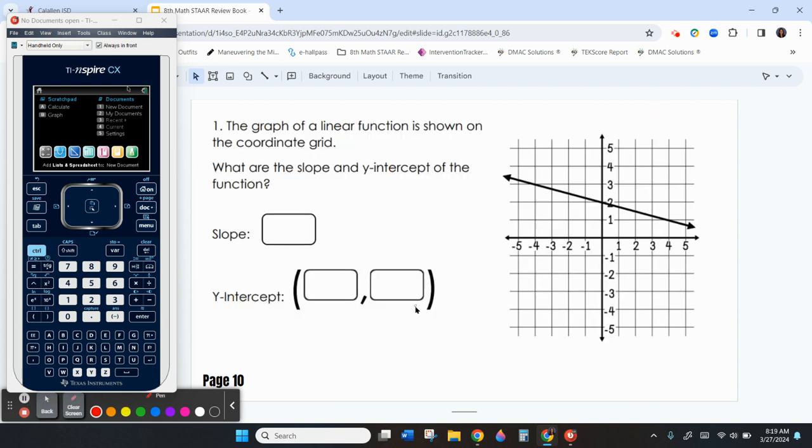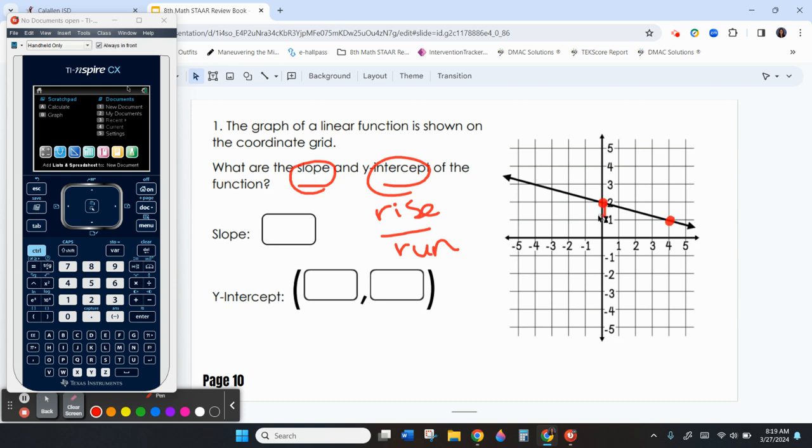All right, problem number 1. The graph of a linear function is shown on the coordinate grid. What are the slope and the y-intercept of the function? We talked about slope yesterday. Your slope is going to be your rise over run. You need to pick two perfect points going through the graph. I would pick where it starts at 2, and then looking down the line until I find another perfect point, which would be right here at (4, 1).